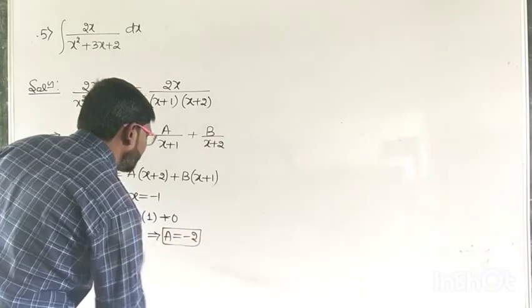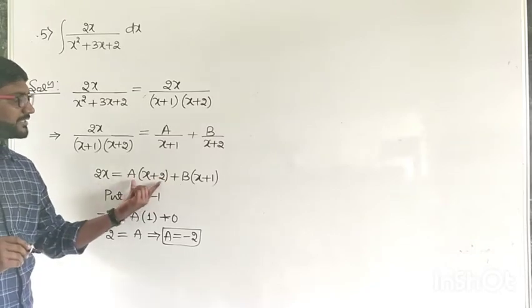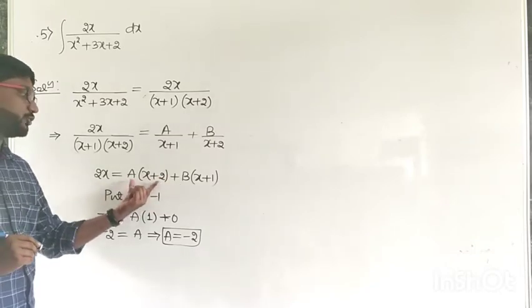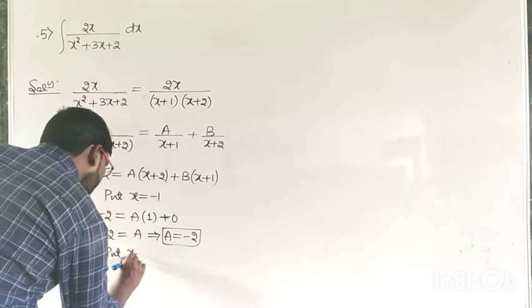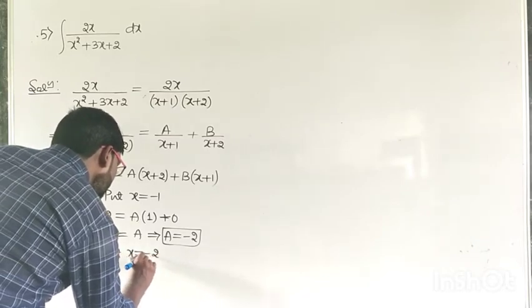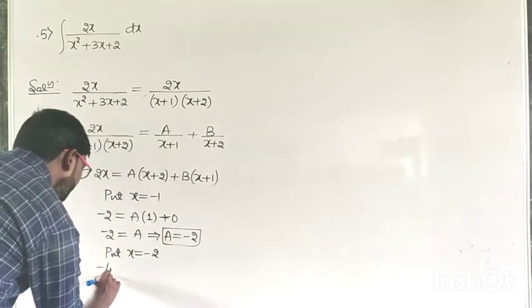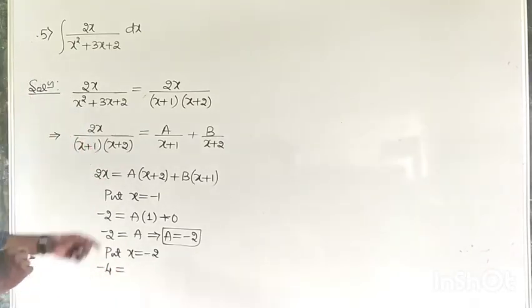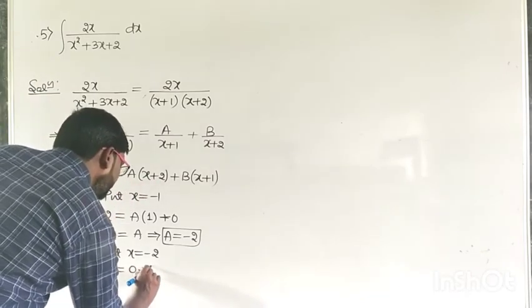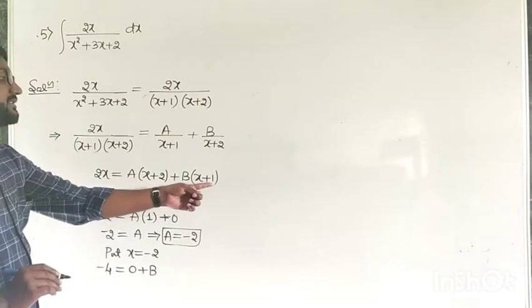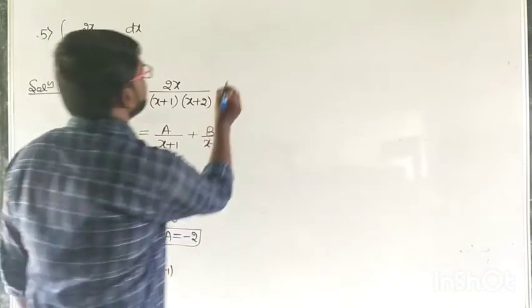Next we have to get the value of b. So for b, this has to be 0. Put x equal to minus 2. 2 into minus 2 is minus 4, which equals... now this will be 0. 0 plus b into minus 2 plus 1, which will be minus 1.